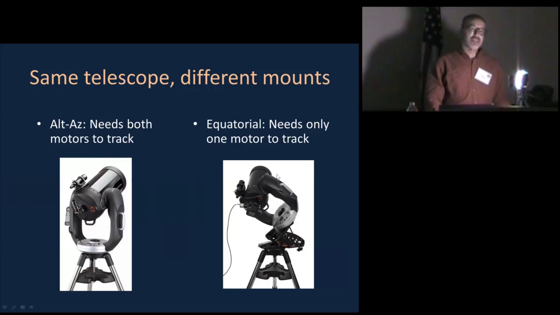On the right side, this is the same telescope, but it's been put on a wedge, and it can be oriented such that that axis there is pointing at the north celestial pole, and therefore you can have the same telescope on different mounts. In some cases, one's going to be more appropriate and easier to use. But if you wanted to do photography, you might want to set it up like that.